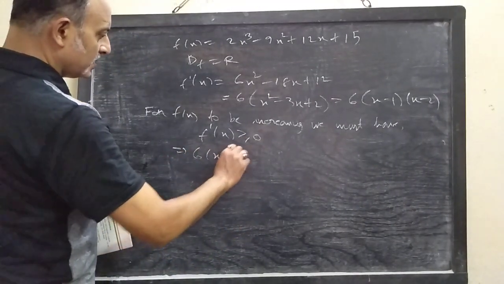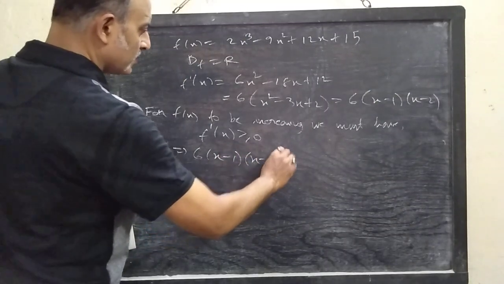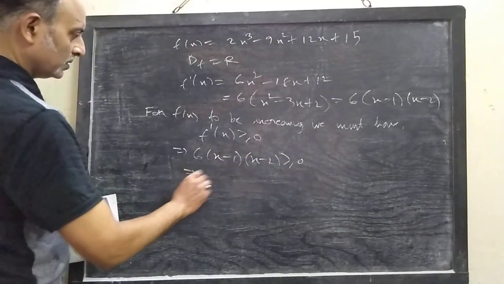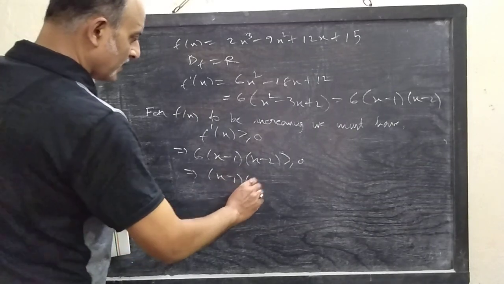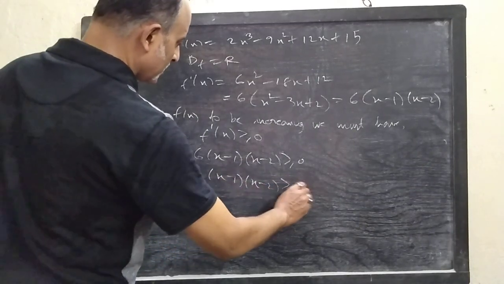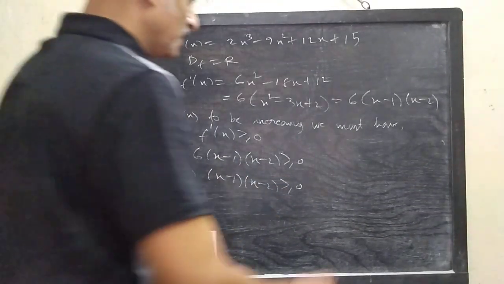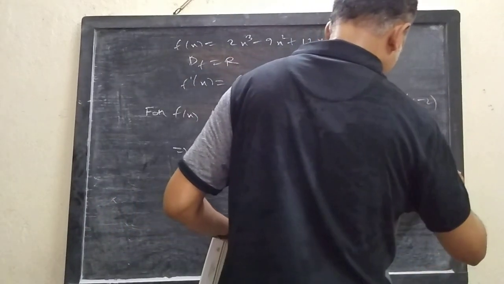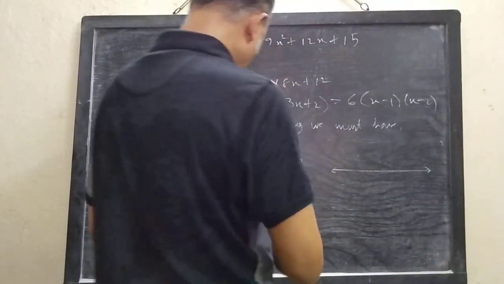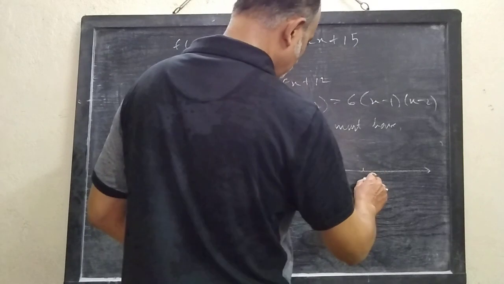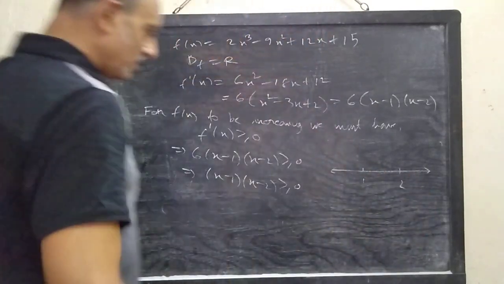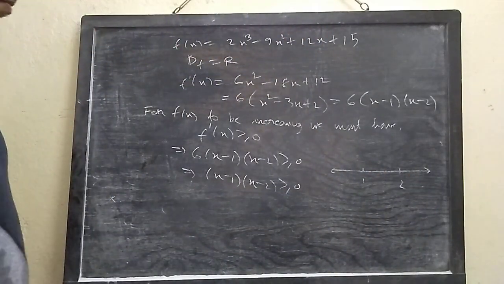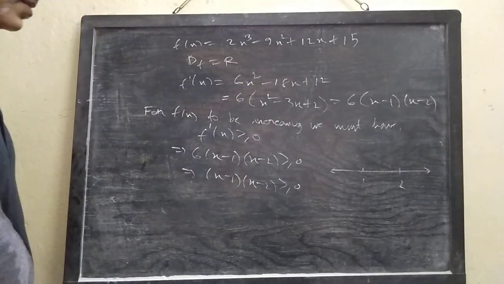That implies 6 into x minus 1 into x minus 2 greater equals 0. That implies x minus 1 into x minus 2 greater equals 0 because 6 is positive. Now draw your number line here. Plot the zeros. Here only 2 zeros are there because it has no denominator. Obviously denominator is 1.